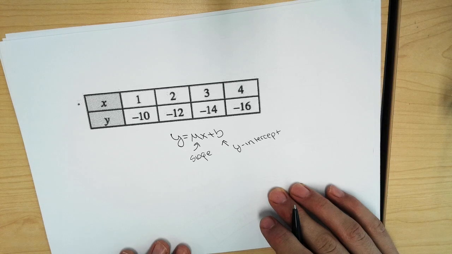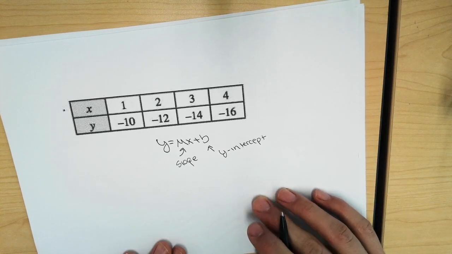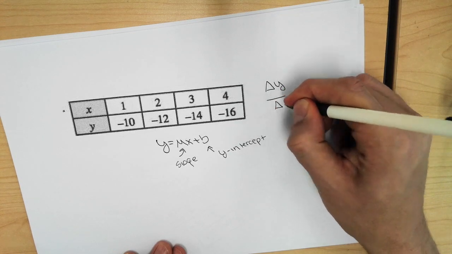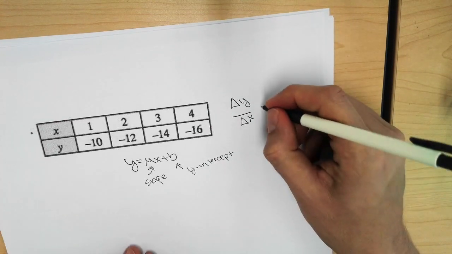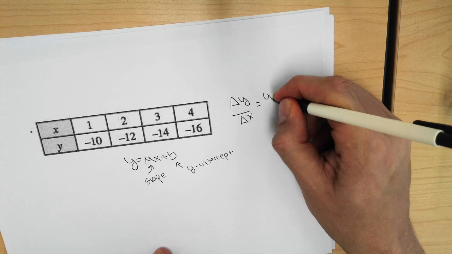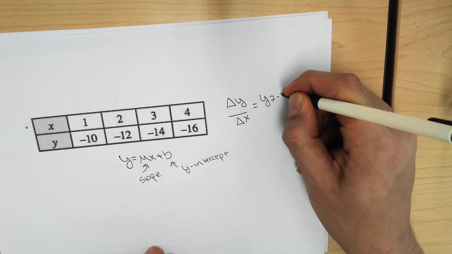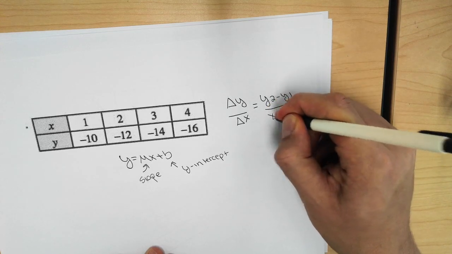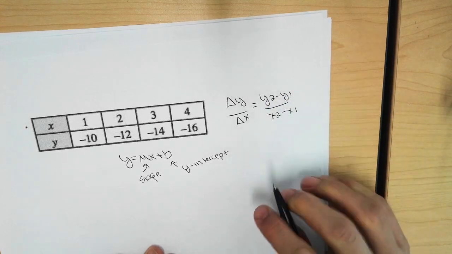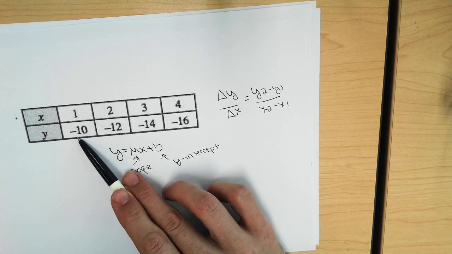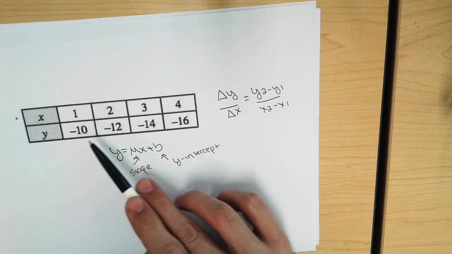Before we determine what the equation of our line is, we need to remember the change in y over the change in x. The change in y over the change in x is equal to y2 minus y1 over x2 minus x1. This time, I'm going to actually plug my numbers into my formula.